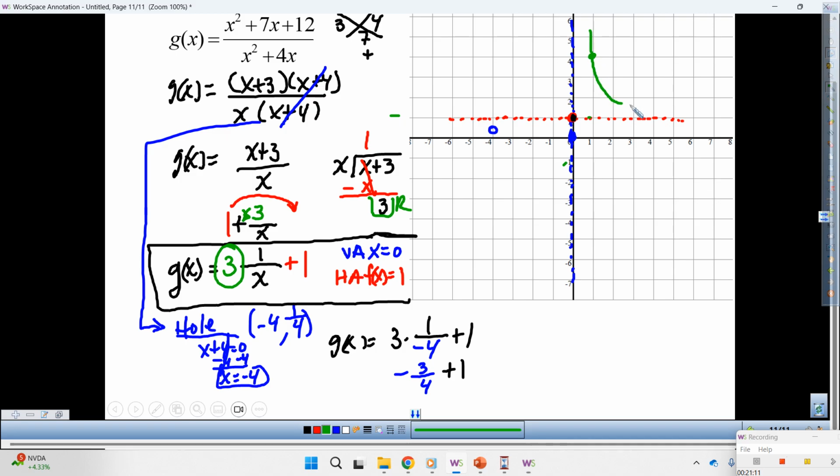Bring it close to the asymptotes. And then from here, 1 to the left, 3 down. 1, 2, 3. Now check this out. It goes through that one, but it has to go also through the hole. Don't go through it, but make sure it passes by. There you go.